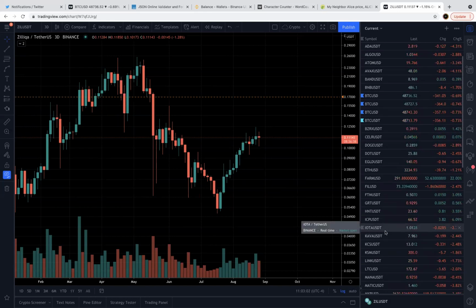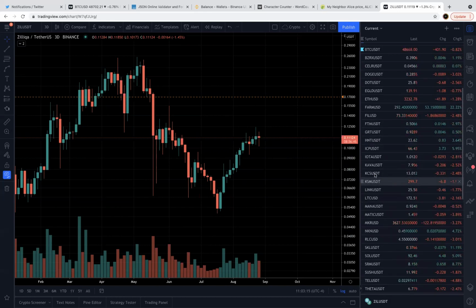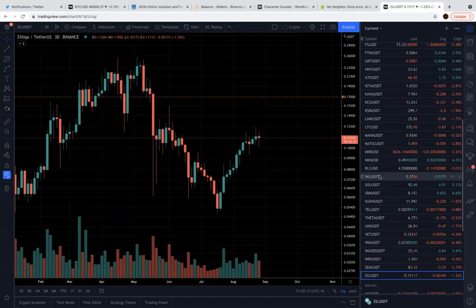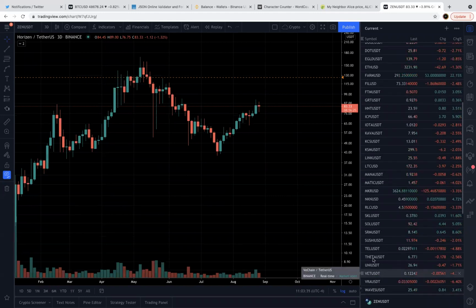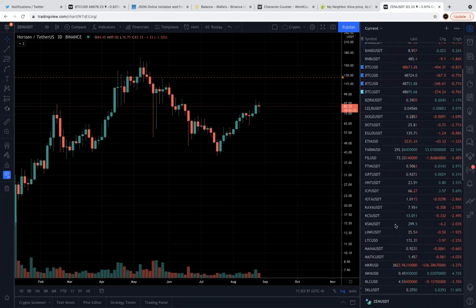Maybe I'll have to think which coin I should take. Maybe I'll introduce a couple of coins but take out a couple of coins. Maybe Zilliqa and Zen, maybe I'll off-board, because it's not giving any different flavor. I want something which is really with momentum, you know.